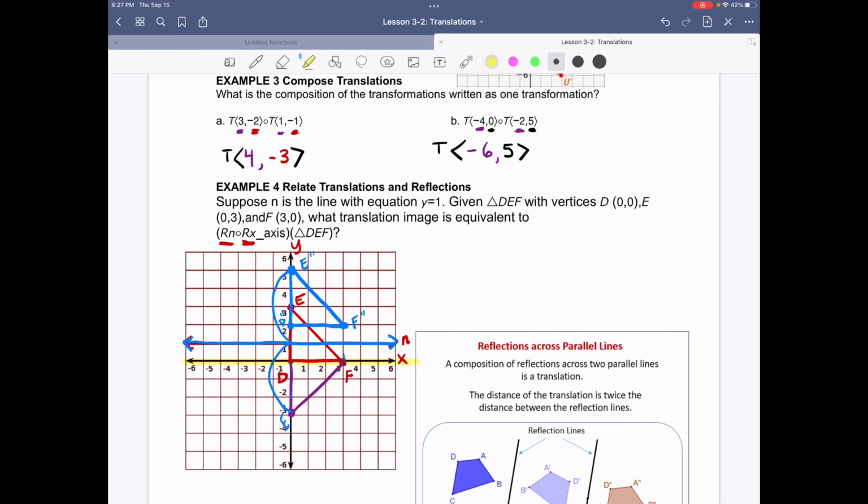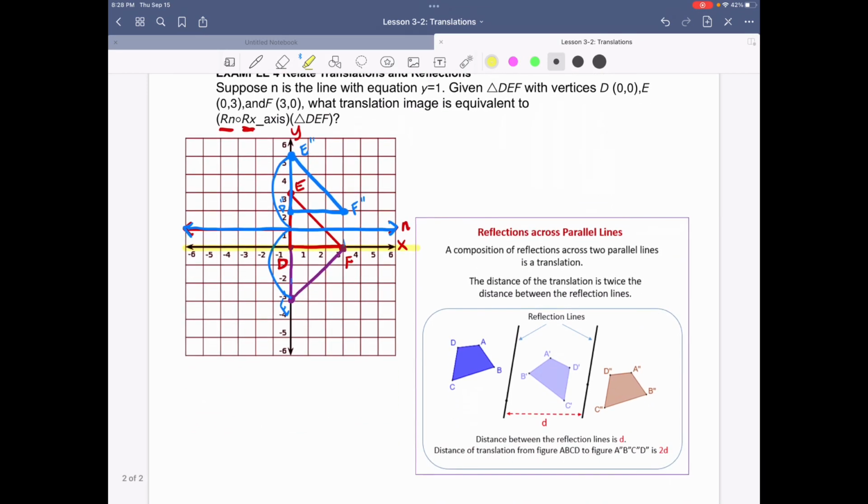So I could have just taken the red triangle and moved it up 2 units. And that is summarized for you right here in reflections across parallel lines. A composition of reflections across 2 parallel lines is a translation. So right, I did a composition of reflections over 2 parallel lines and ended up with just getting a translation.